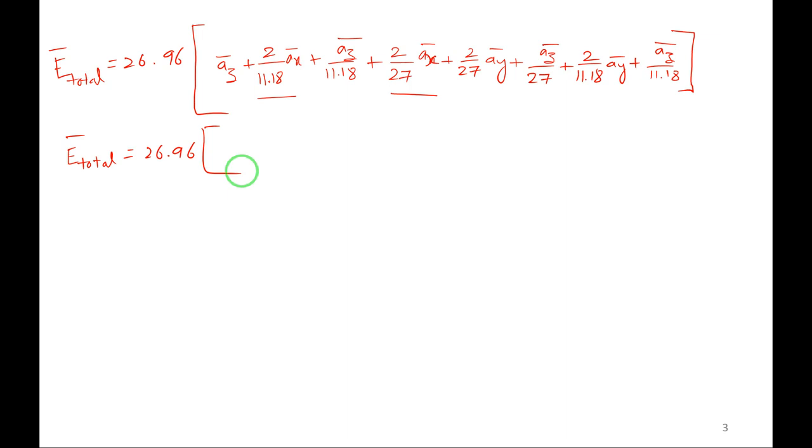Close the bracket. So 0.252, or if I want one more digit, I can take 0.2529 AX.